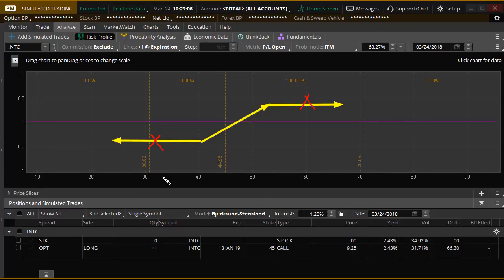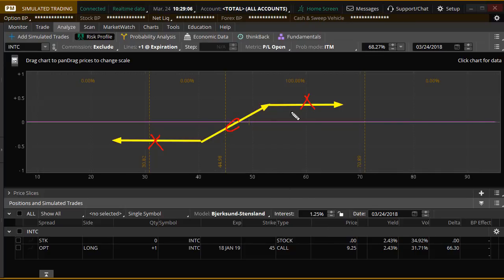Okay. I wouldn't combine a protective put in a trade like that because it raises the cost of the trade. You buy a put option, it raises your cost, right? You have a cost for buying the long call.